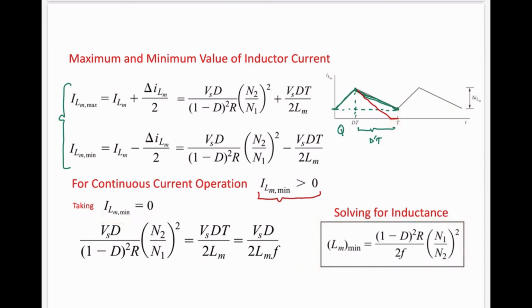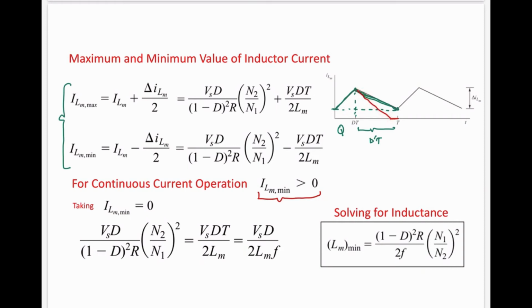So with this condition, you have this value of the inductance from this expression. It is the minimum inductance that is required to have the continuous conduction mode. If your inductance is less than this minimum inductance, your current will reach back to 0 before the start of the next cycle.